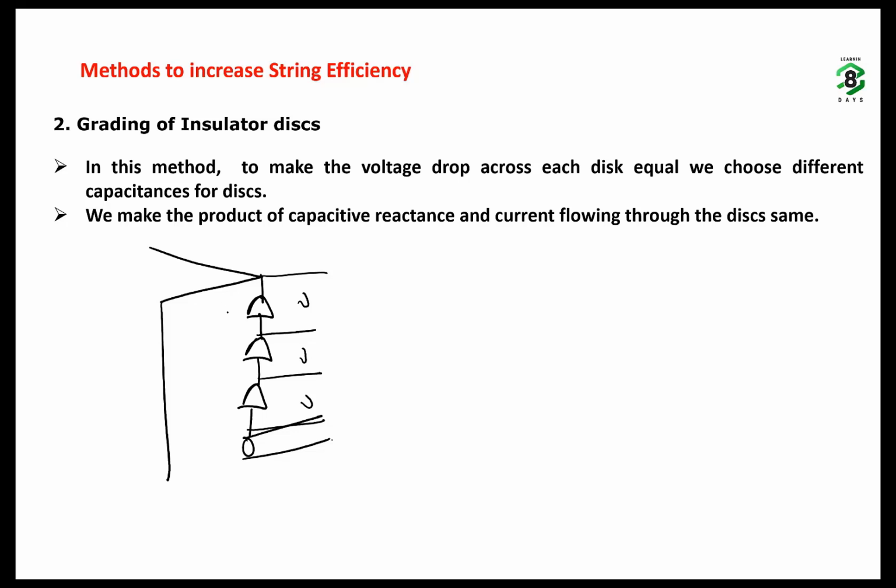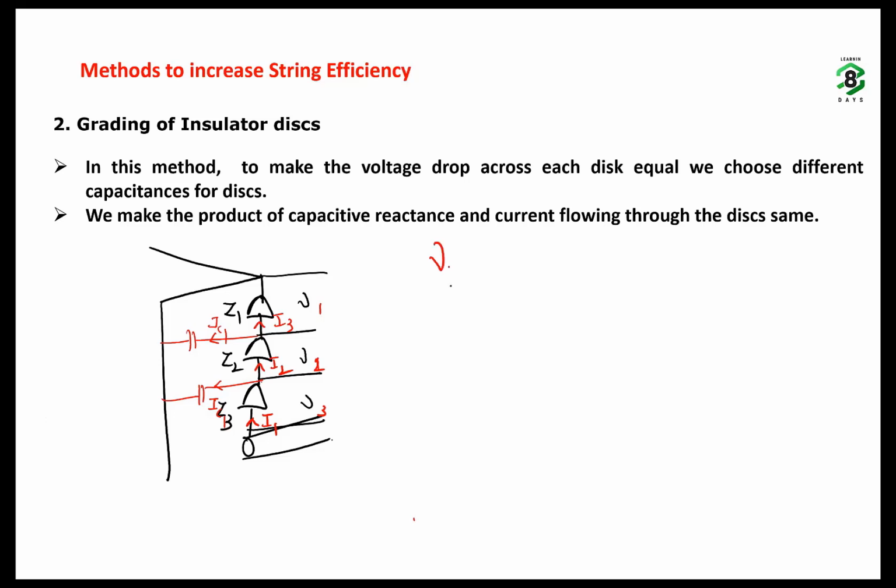Let the impedances of the discs be Z1, Z2 and Z3. And we know that because of capacitive leakage currents, the currents flowing will be I1, I2, I3. I am not drawing the leakage currents, you already know. Now my basic concept is that I want to make the voltage across each disc the same.